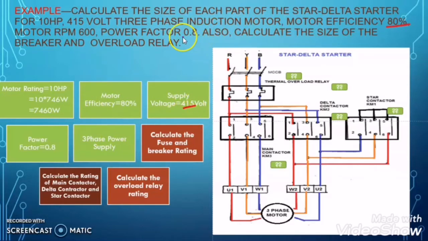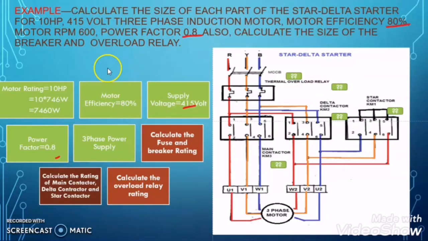The power factor given in the question is 0.8, and it is a 3-phase supply obviously. And we need to calculate the fuse and the breaker rating. We need to calculate the main contactor, delta contactor and star contactor rating. Apart from that, we have to calculate the overload relay setting.